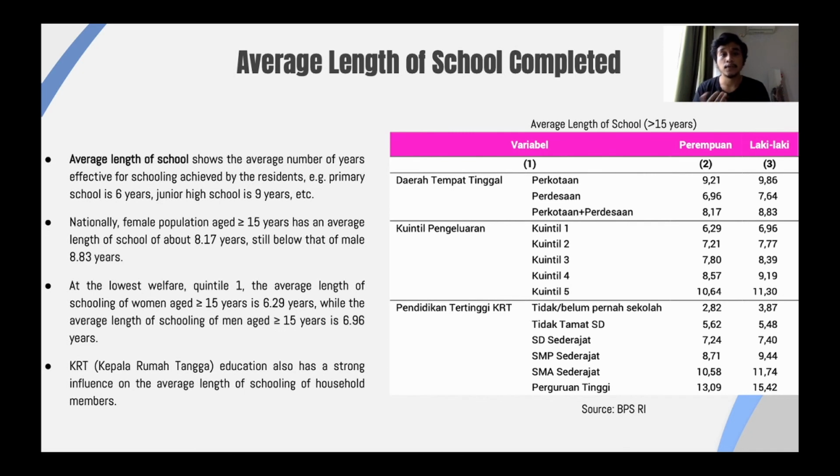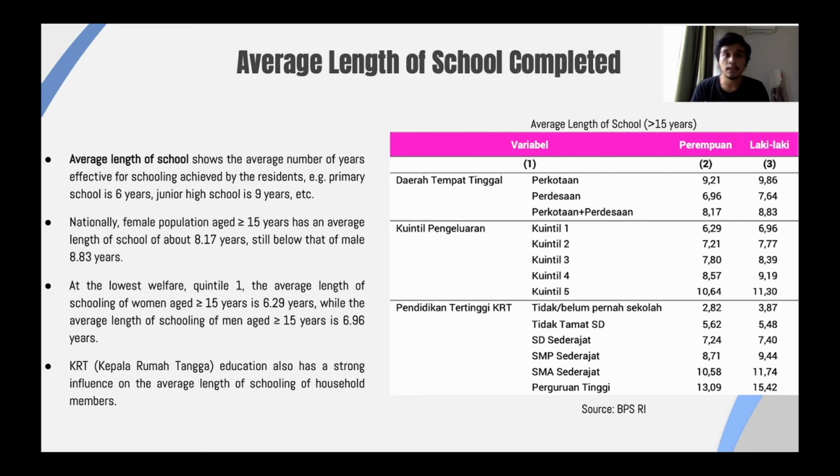The second row shows the economic welfare, where quintile is the economic welfare level. So quintile 1 is the lowest economic welfare, up until the highest level, which is quintile 5. It shows that the higher the quintile, for both male and female, the longer the years they achieve in completing school.